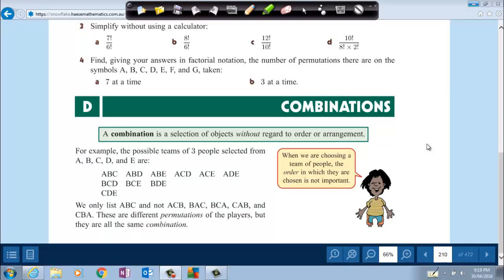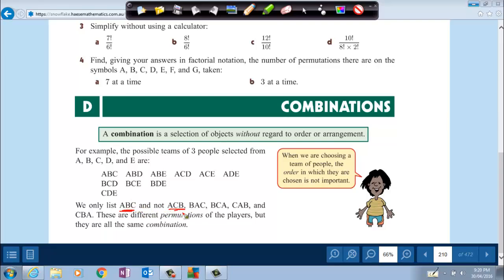Okay, now we're going to look at combinations. This is looking at all the different ways that you can organise it without regard to the order. The permutations that we learnt last time, order was considered. For example, if we look at A, B, C, D, E, and we want to select 3 of those, in the permutation, if order mattered, these are considered 2 different ways.